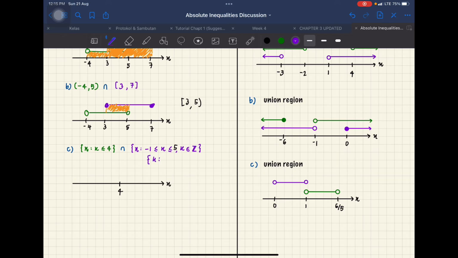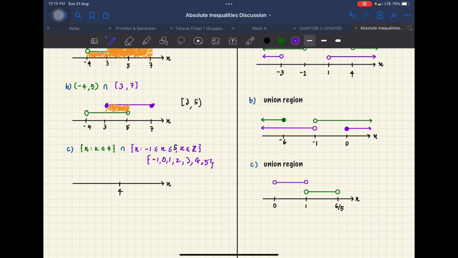So X, from negative 1 to 5, and it is Z, an integer, included here. So negative 1 is included, and then we have 0, 1, 2, 3, 4, 5.